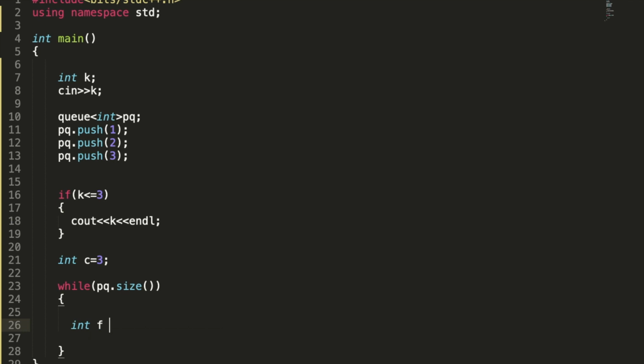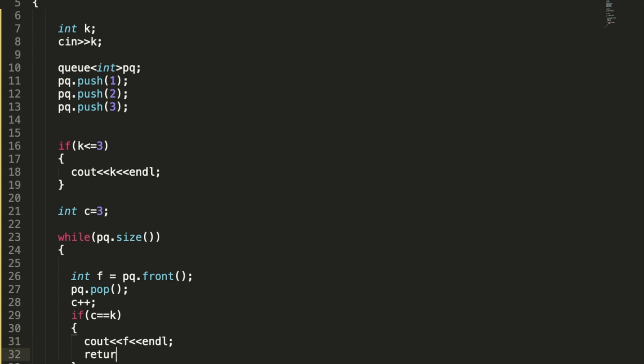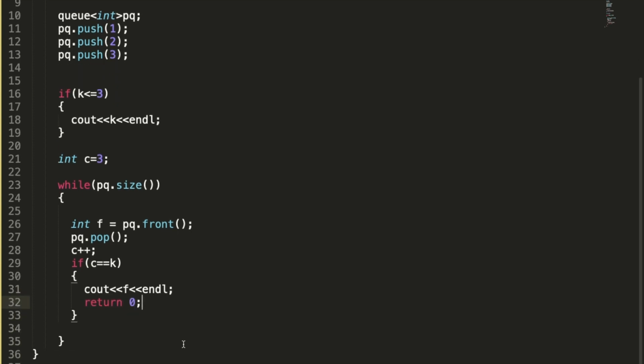Let us suppose f is equal to pq dot front, pq dot pop. Don't forget to pop the number, otherwise it will go infinite. And I will be increasing the count, c plus plus. If c is equal to k, then I'm going to print that number f, and return 0. I'm going to end the loop.